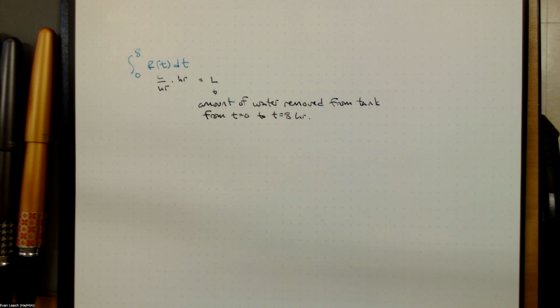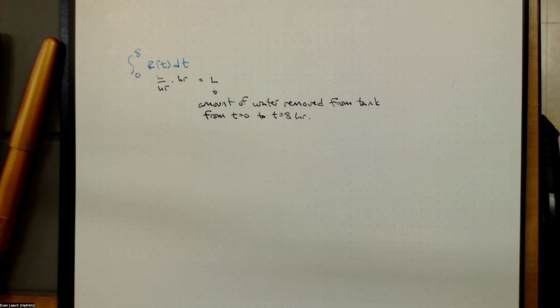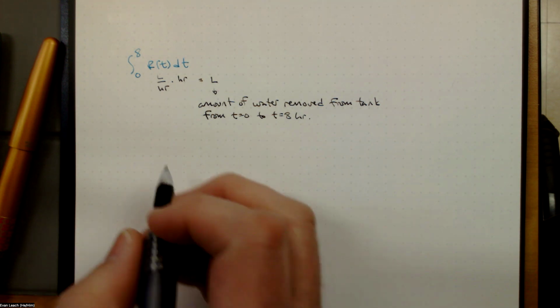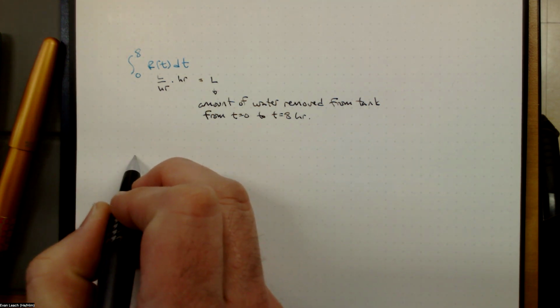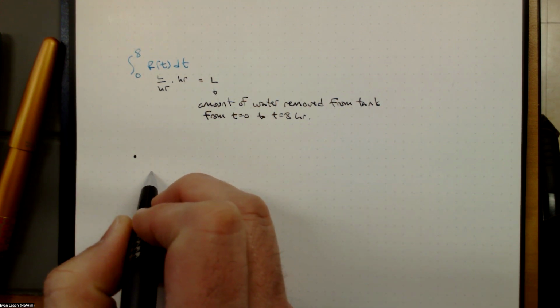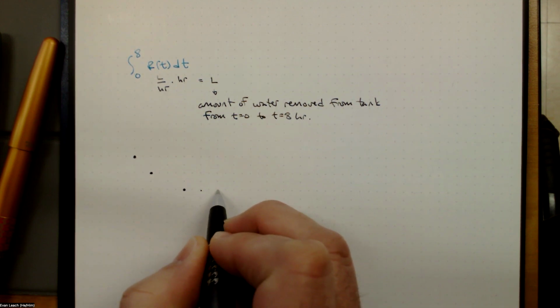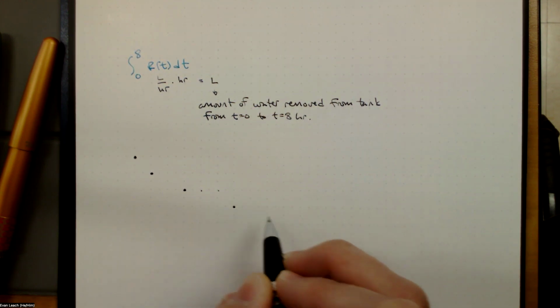What are we talking about? Oh, yes. So we have to calculate the area from 0 to 8. And we saw a few different approaches. I'm just going to draw a quick and dirty map here. So 0, and then 1, 2, 3, 4, 5, 6, 7.